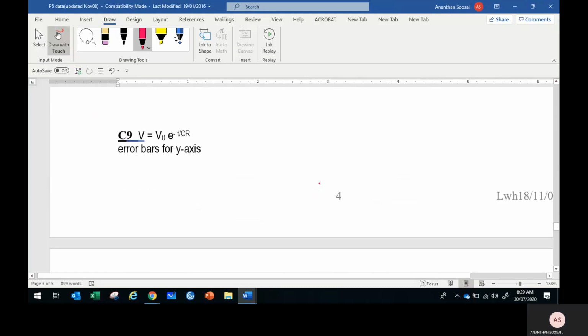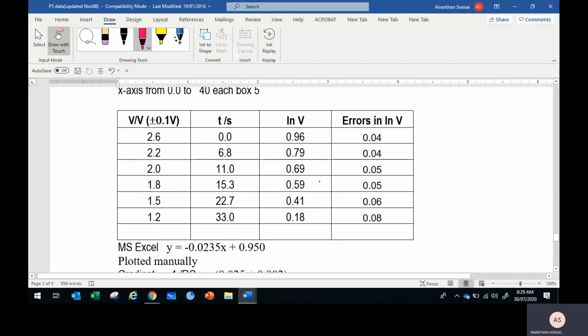It's 0.04, not 0.08. Ln 2.6 minus ln 2.5, right? 0.04. Calculate this, you get this data.